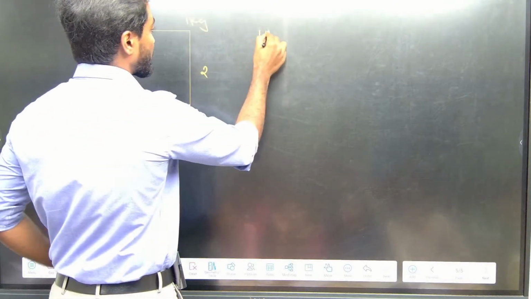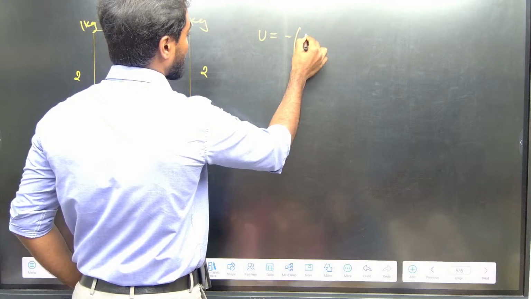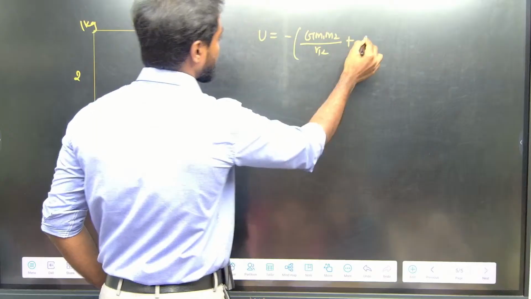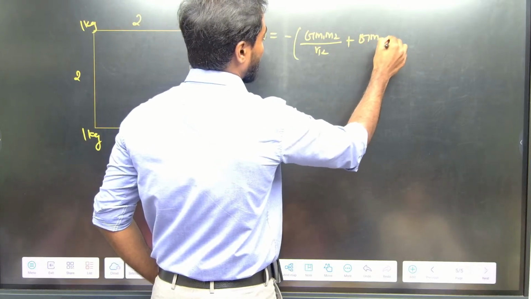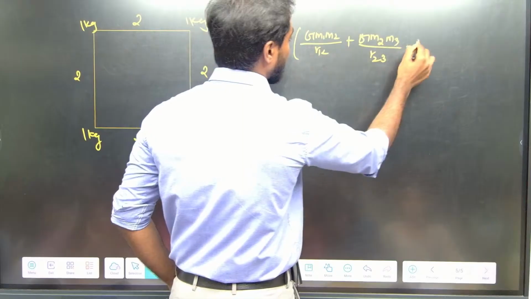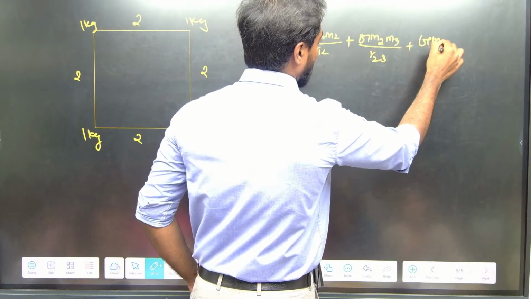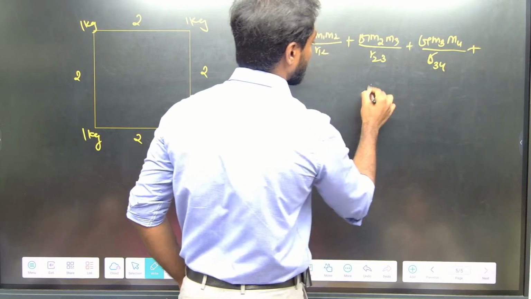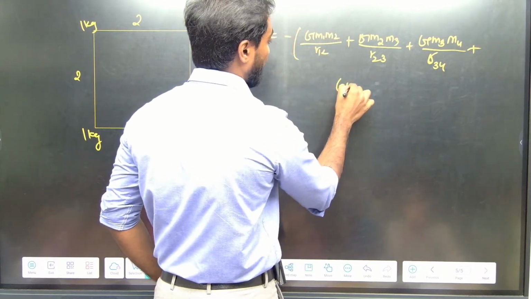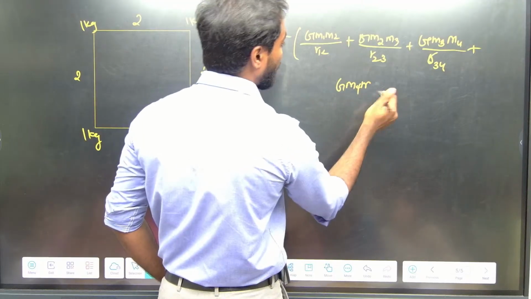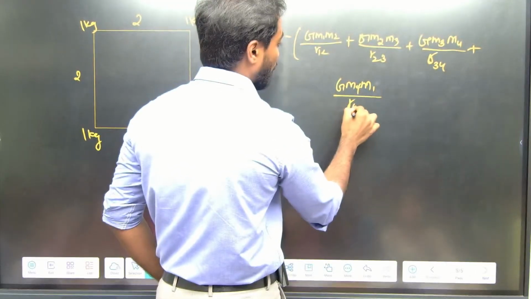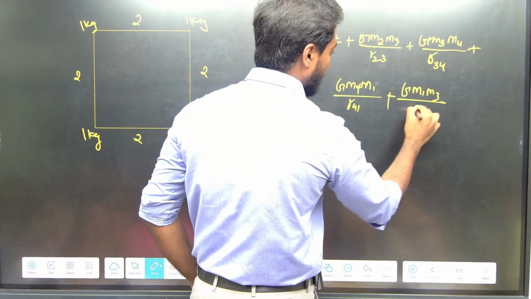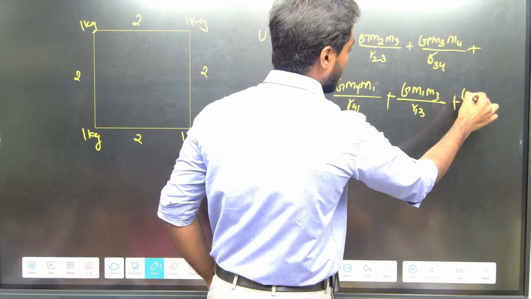So U will be equal to minus of G m1 m2 by r12 plus G m2 m3 by r23 plus G m3 m4 by r34 plus G m4 m1 by r41 plus G m1 m3 by r13 plus G m2 m4 by r24.